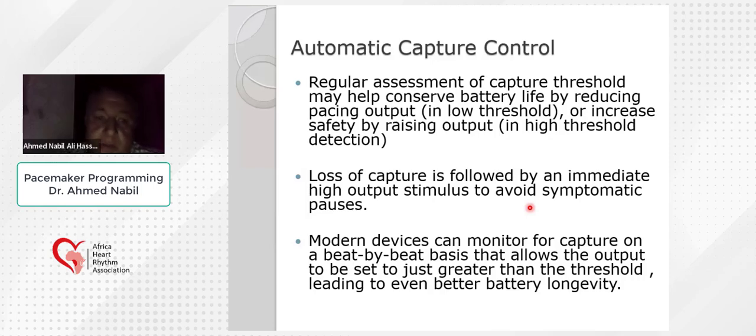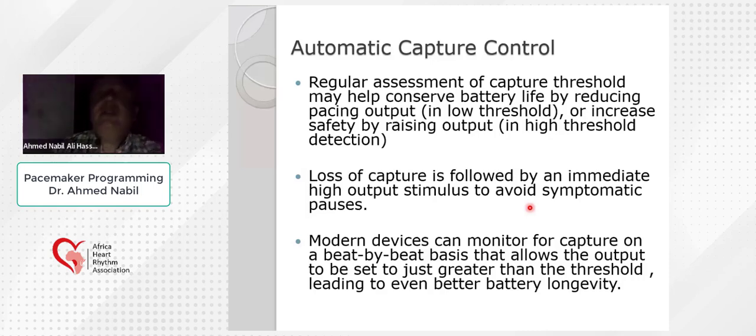Once the pacemaker sees a loss of capture, or detects a high threshold in the pacing test, it will immediately increase the output by itself. And then when the monitor for capture finds a lower capture threshold, it will adjust it according to the situation.